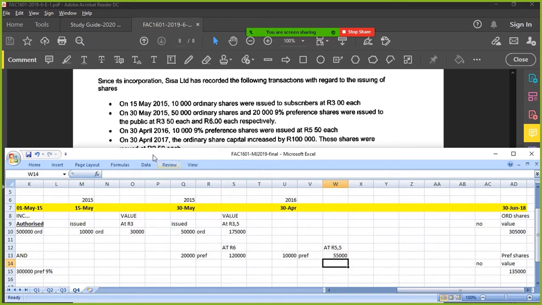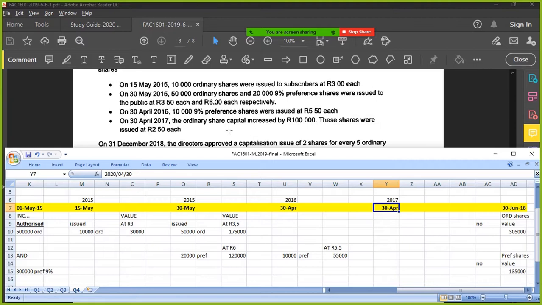Then you've got 30 April 2017, so new year, same date. The ordinary share capital increased by 100,000. These shares were issued at 250.